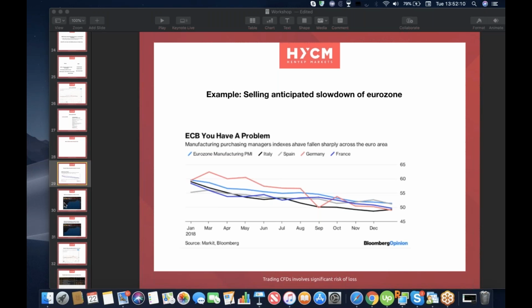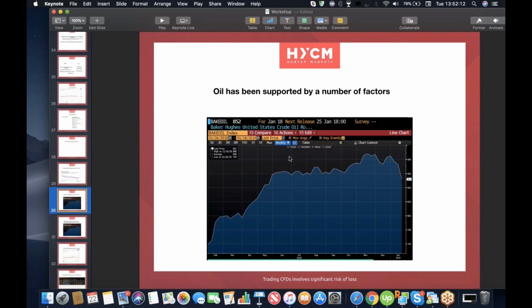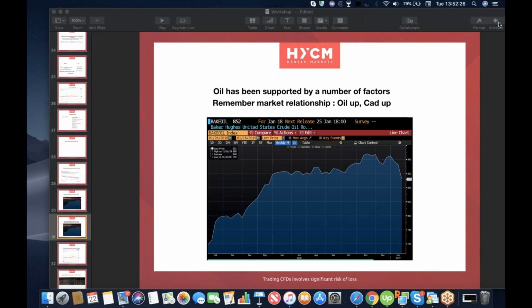Now, by contrast, I've paired that trade up with oil, which has been supported by a number of factors recently. We've had OPEC explaining that the cuts have been taking effect.